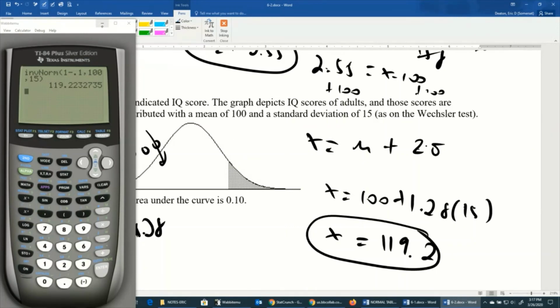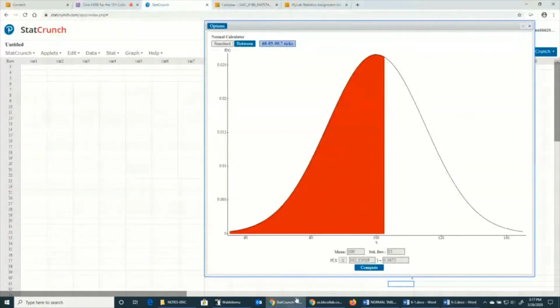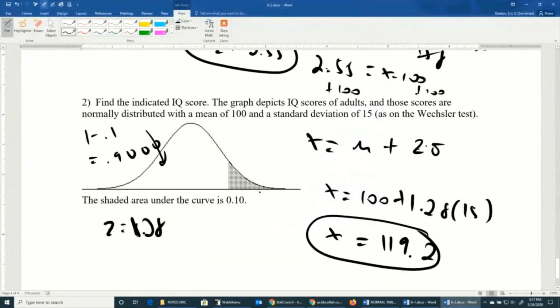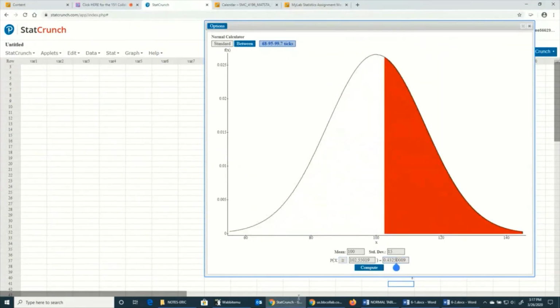Isn't that wonderful? But there's even something better than that: StatCrunch. Get the 115. Remember that last example was a curve to the right. The area to the right is 0.1.